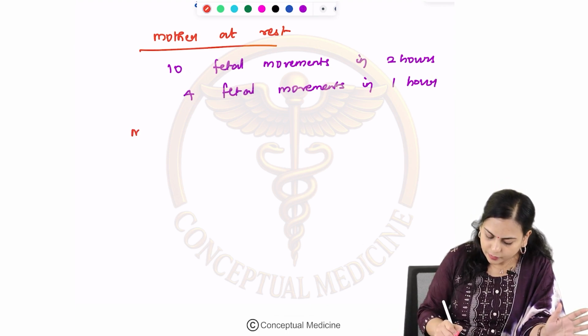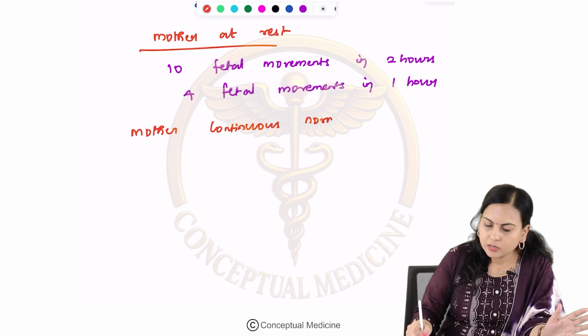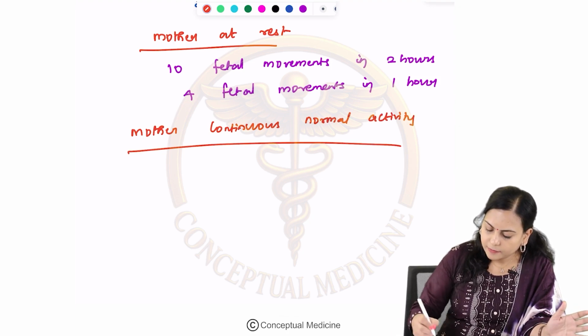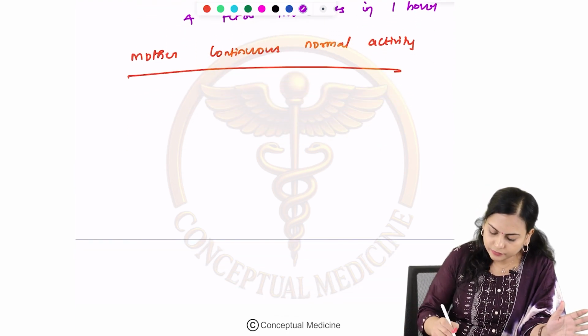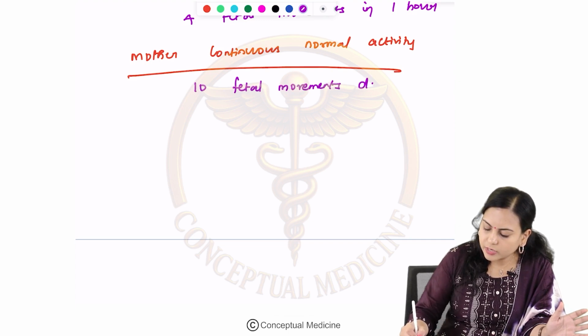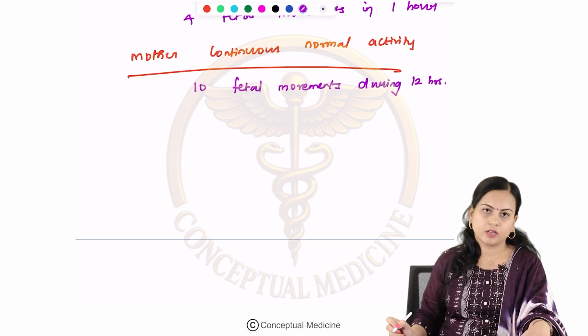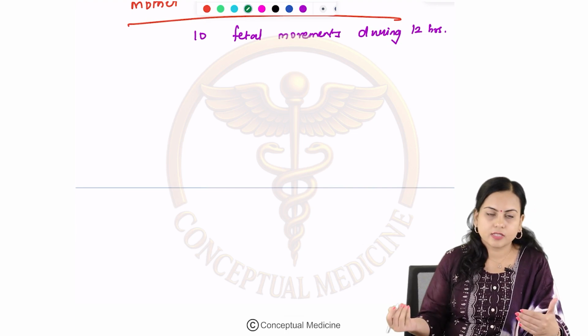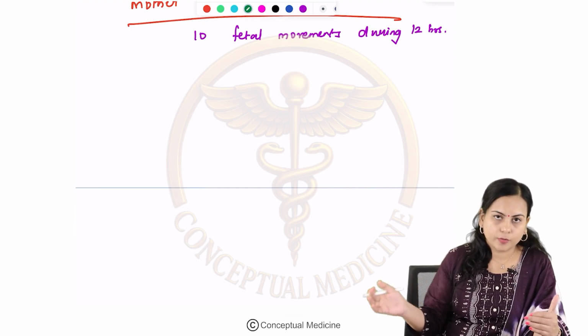Next one, suppose if the mother has continuous normal activity, okay, then she should perceive 10 fetal movements during 12-hour period. Clear?